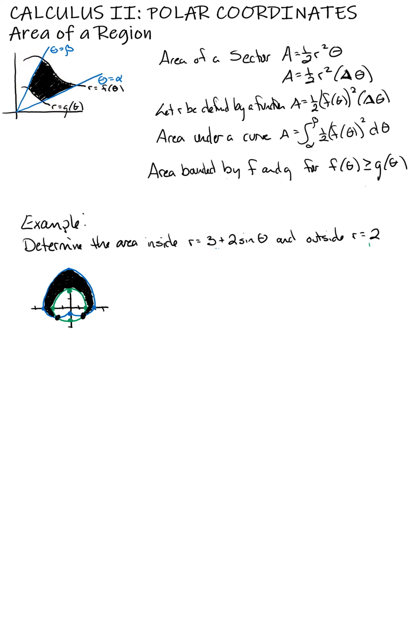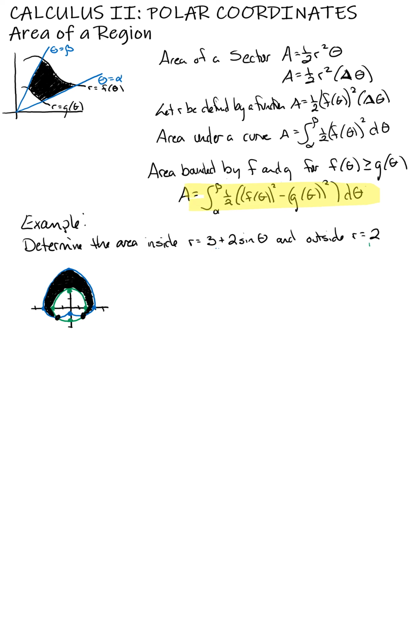So our area now becomes, as you would expect, the integral from alpha to beta of 1/2 times the difference of those two radius values. So that's going to be the larger one, f of theta, squared, minus g of theta, also squared, and then we still have the d theta on the back.